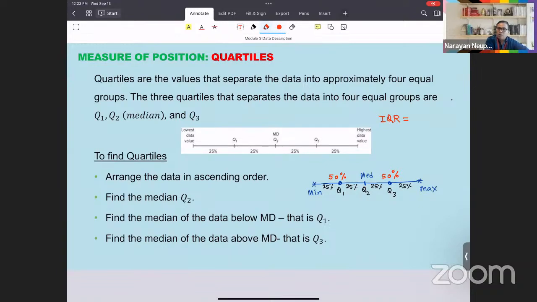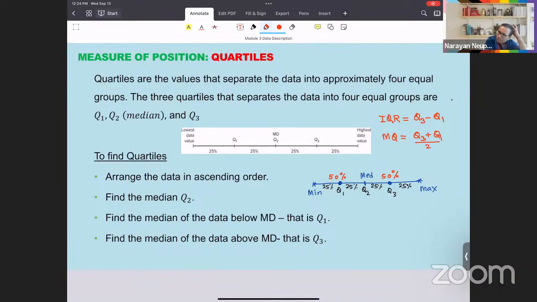What is interquartile range? Interquartile range is the difference between the third and the first quartile. Interquartile range is Q3 minus Q1. You'll also hear something like mid quartile. Mid quartile is the average of Q3 and Q1.